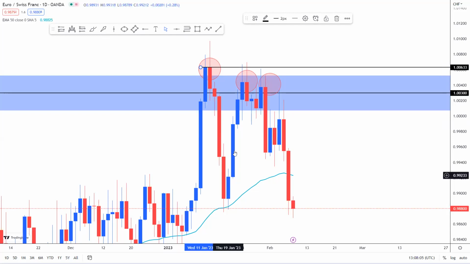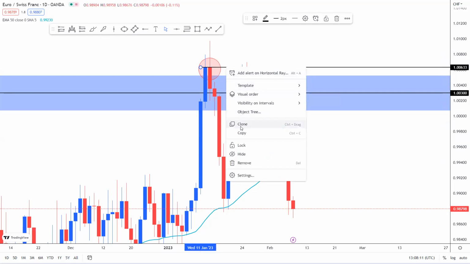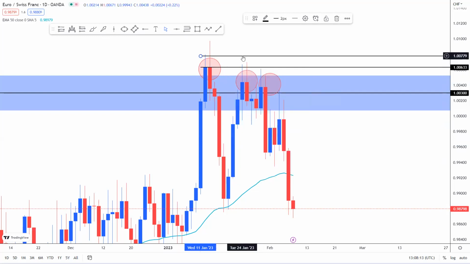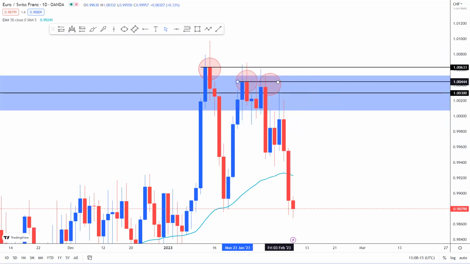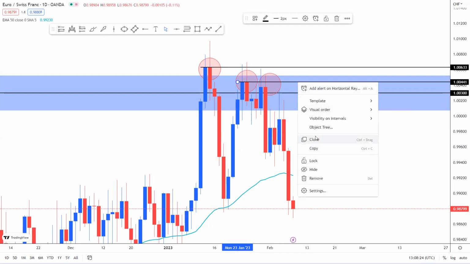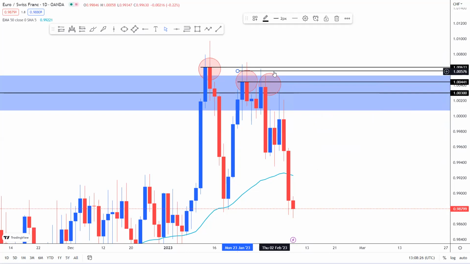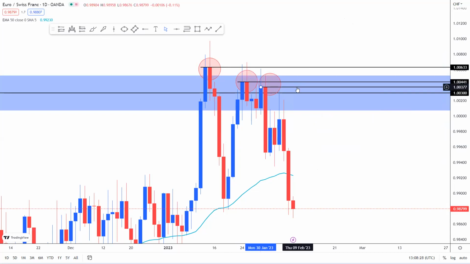After the drop, the second time we came into the level again, you can clearly see that the candlestick closed slightly lower than it did the previous time. And then the third time also, with the candlestick close slightly lower than the previous time.